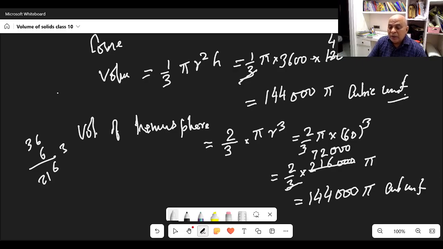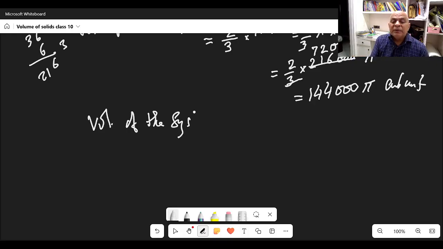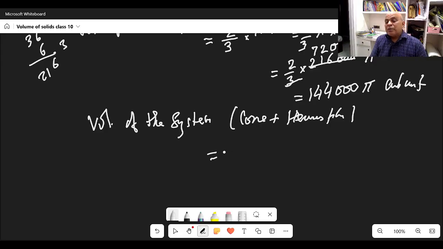The system of hemisphere and cone, both have equal volume. Now add these last two. Last two means just the volume of the system. Volume of the system, cone plus hemisphere, will become 144 plus 144, 288 into triple zero pi, that much cubic unit.